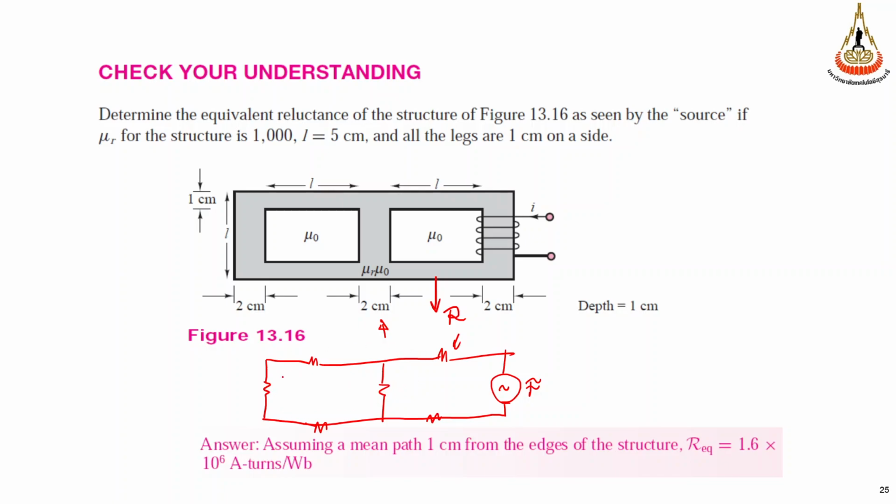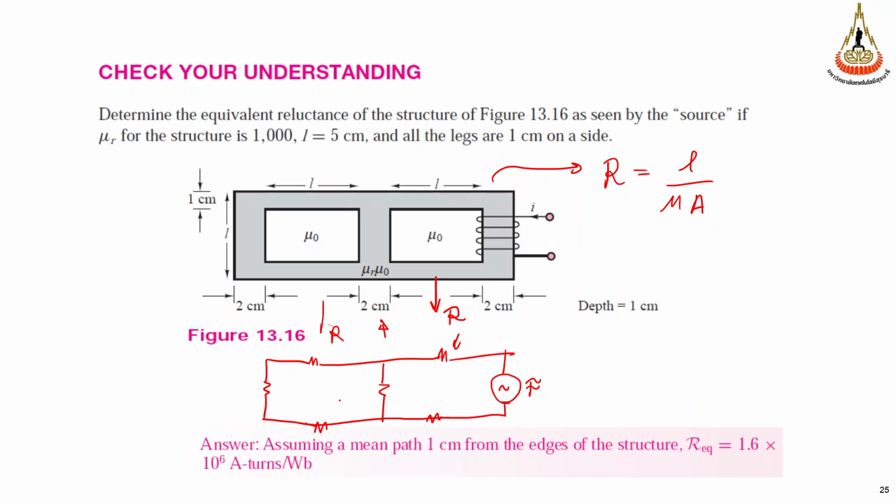Then you will get this circuit, with the reluctance of each part being L by mu A of each part.